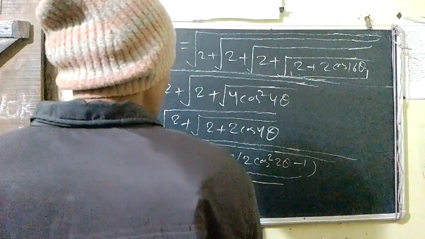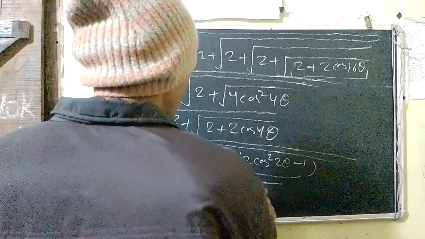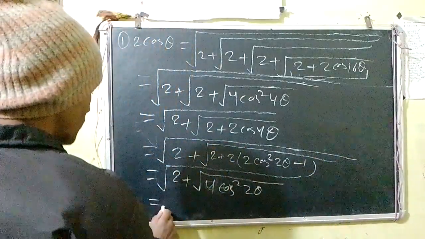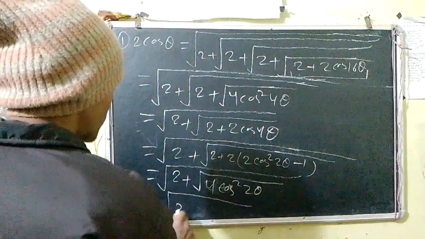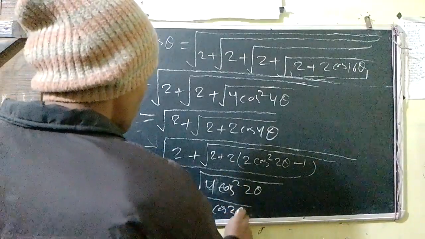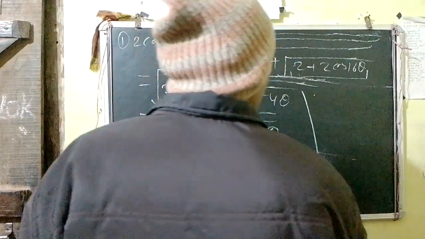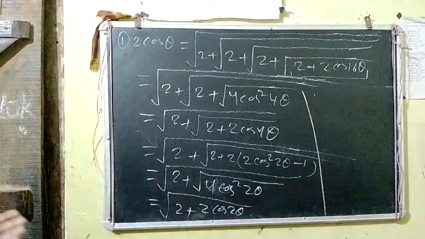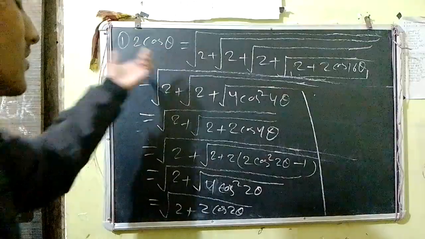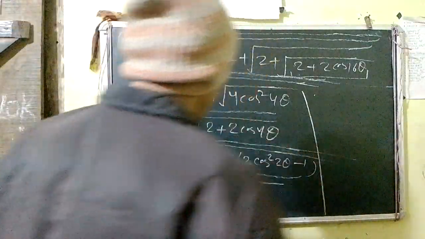So 2 cancels out, so you're going to have left here 4 cosine square 2 theta. So this becomes square root 2 plus this thing becomes 2 cosine 2 theta. So now you can see that it's becoming familiar. It doesn't look like this, but it is getting smaller indeed.